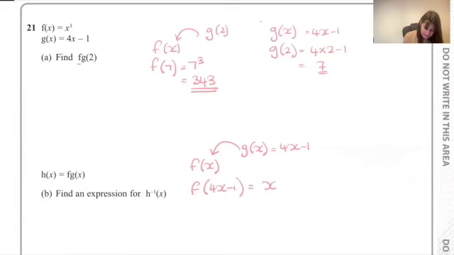And obviously the function's x cubed. So this here will be going here to give me 4x minus 1 cubed. Okay. Now that's the function of hx. So let's make that really clear. Communicate well to your examiner.